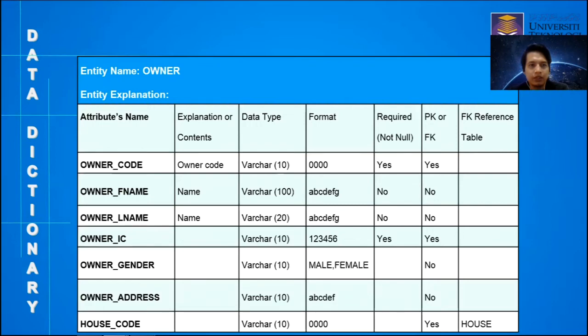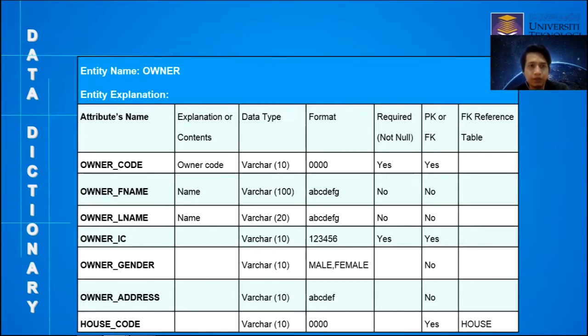So next, in the owner table, we got owner code, owner first name, owner last name, owner IC, owner gender, address, and house code. If you see the house code, it is a foreign key, and the foreign key reference table is house, meaning that house code is the primary key in the house table, just like I mentioned before.